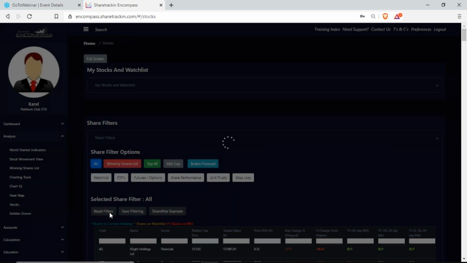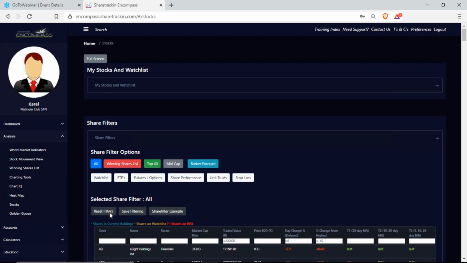If I click on save filtering, the next one, you will see that I have 3 values in there. As soon as I inserted my 3 values, I click on save filtering and it saves that for me, so that every time when I log in, it remains there.